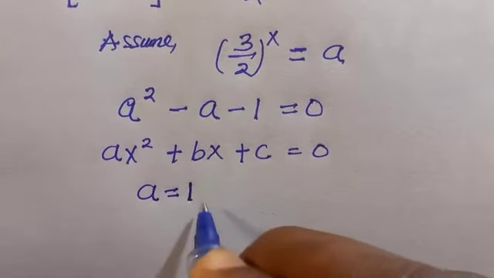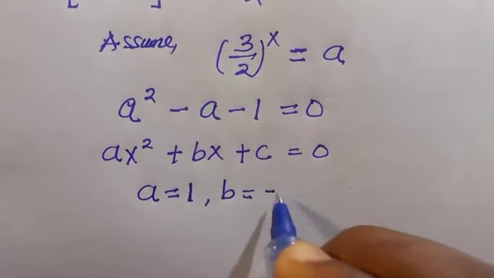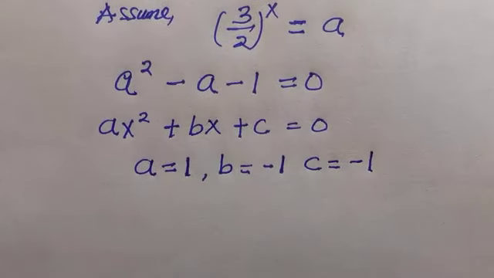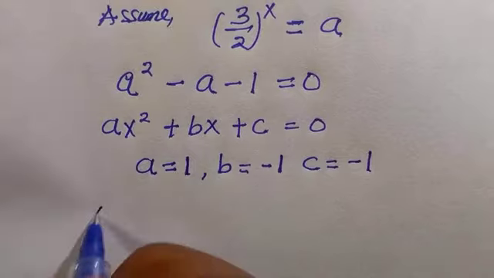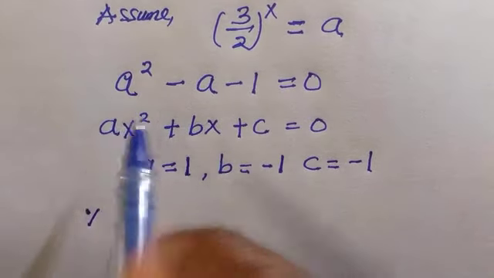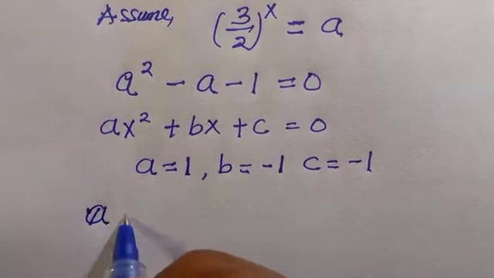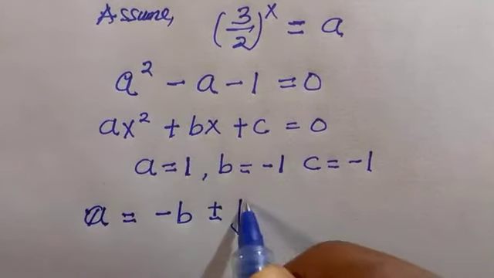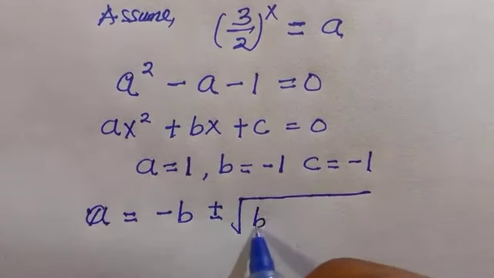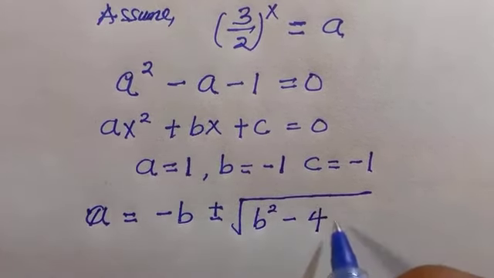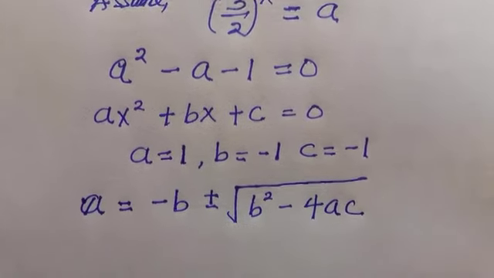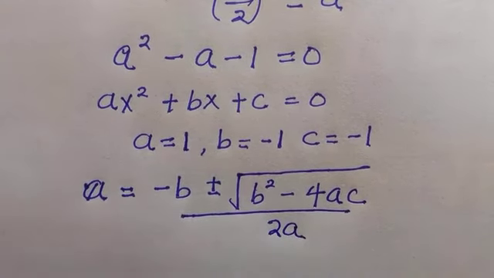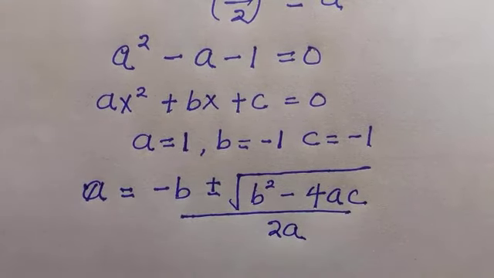As the coefficient of a squared is 1, we have b, which is minus 1, and c is minus 1. For this general quadratic, instead of x we are going to use a. So this equals minus b plus or minus the square root of b squared minus 4ac, all divided by 2a.